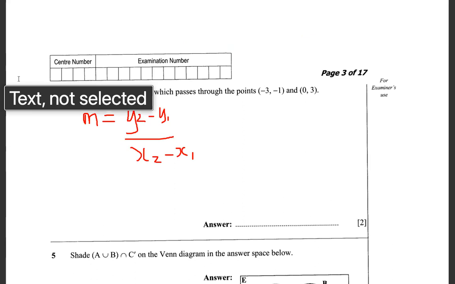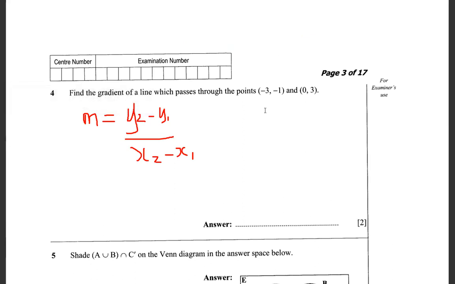So if we take that this is point 1, and this is point 2, then that means we can say that this will be x1, comma y1, understanding very well that any point is denoted by the x value as well as the y value.